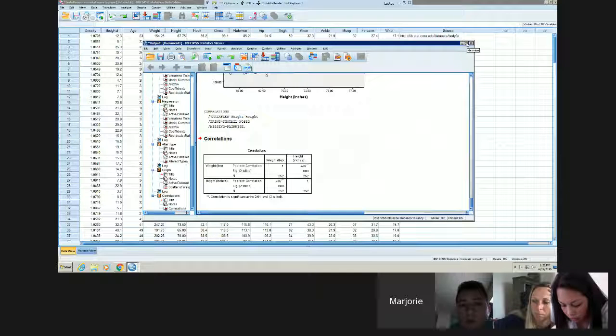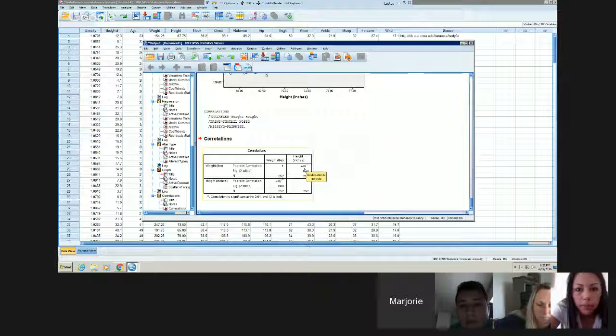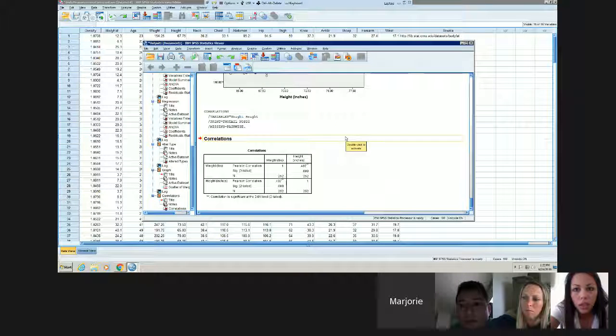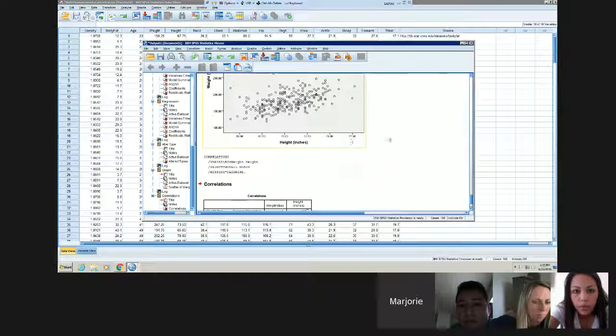Does anyone have an answer key? Is this what they're looking for? For the correlation coefficients, we're not looking for correlation coefficients in this one. Oh, sorry. We're looking for the equation of the line. What's the answer?